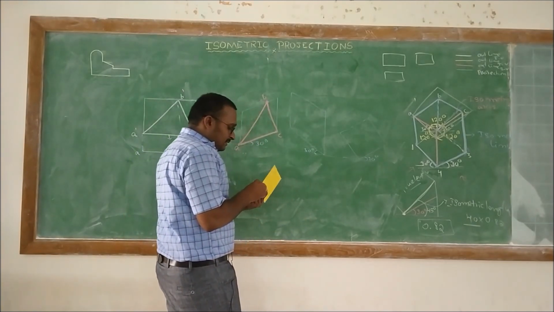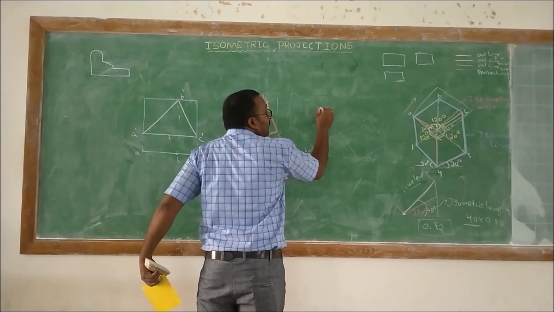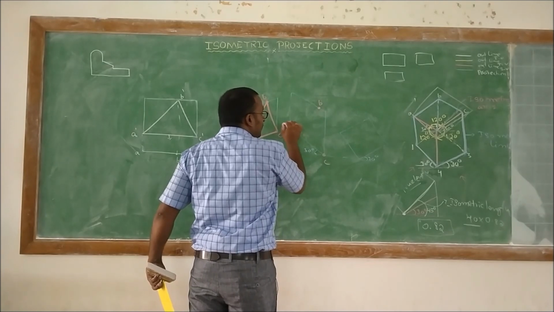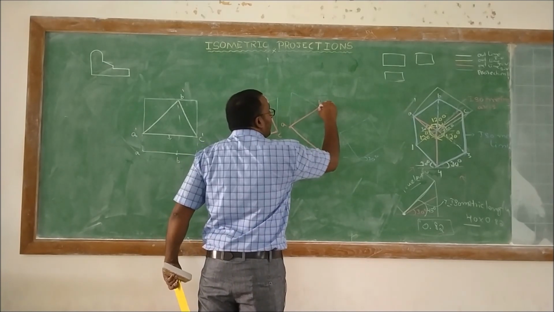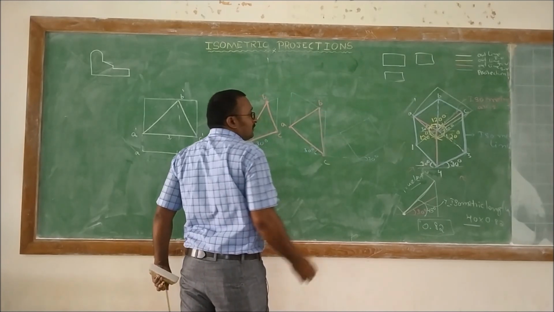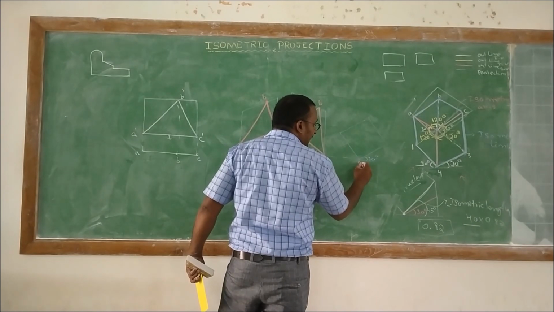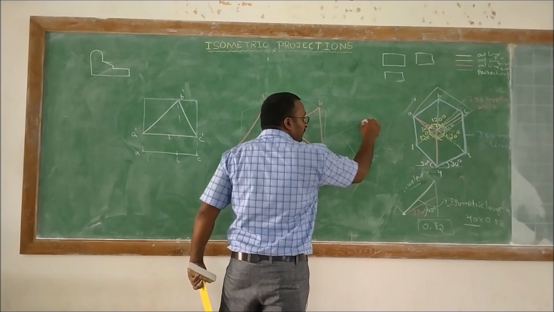Here in this case B will be here, C, A. Now AC, AB, BC. Here if it is A, here it is C, then B will be here.